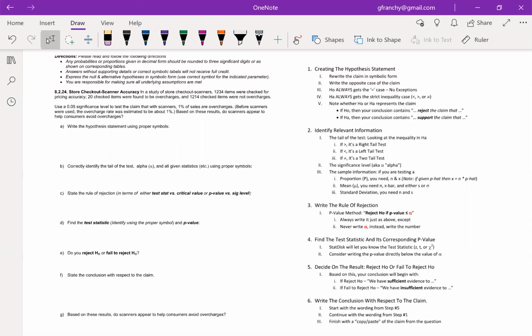And one of the reasons we took the entire last class to go through elements of hypothesis testing is the process that we run through is going to be the same for every type of hypothesis test we ever do. So up on the screen right now, I have it for quick reference here, sort of side by side.